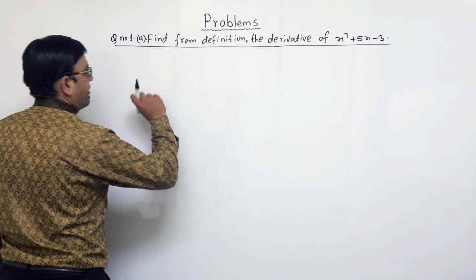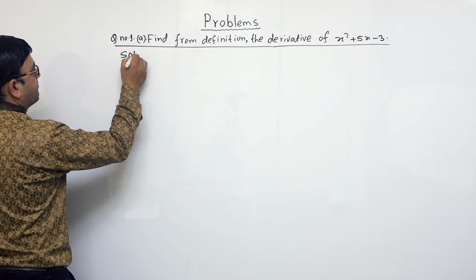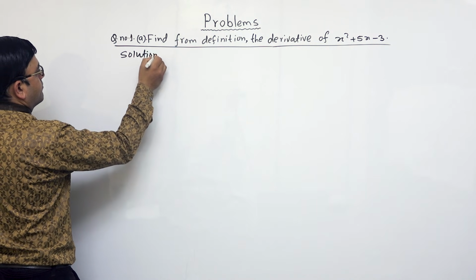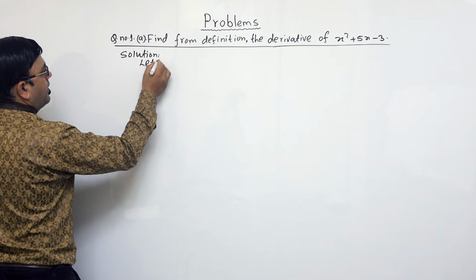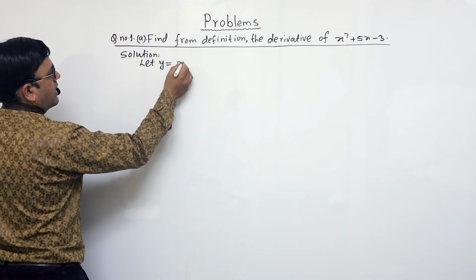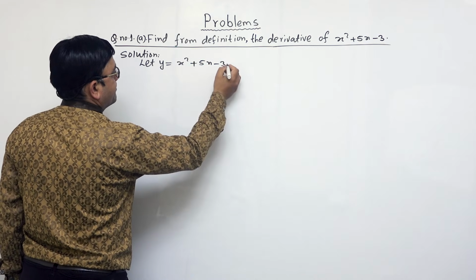So from definition here. So for this method solution, we let it at first. Let y is equals to x square plus 5x minus 3.